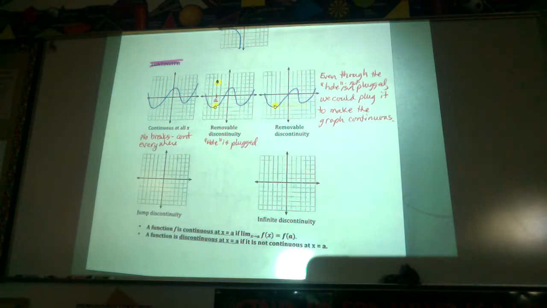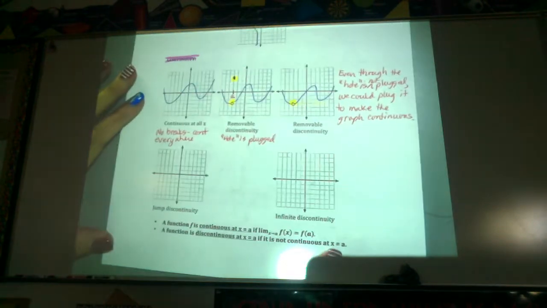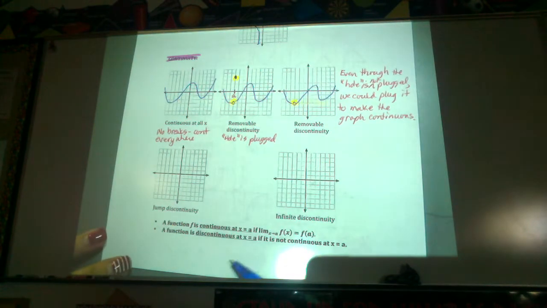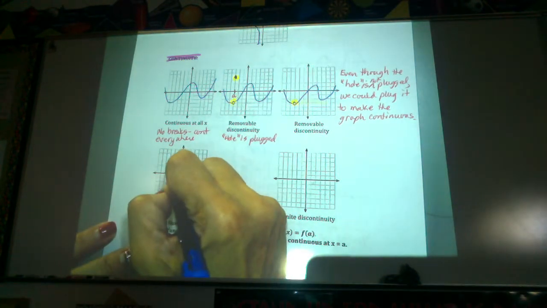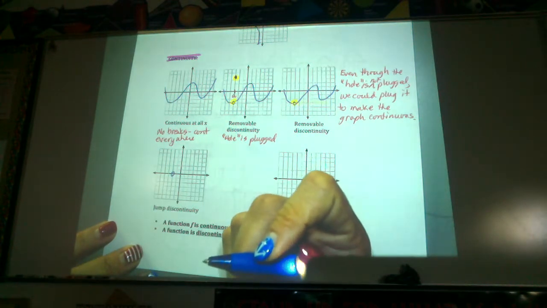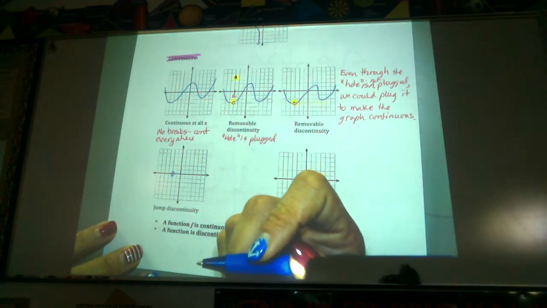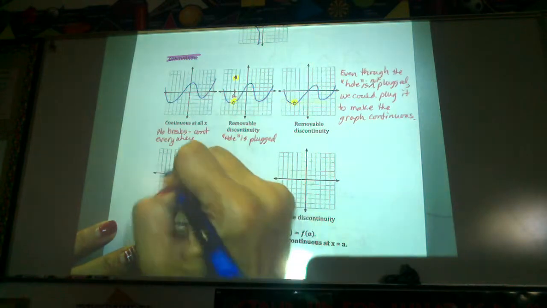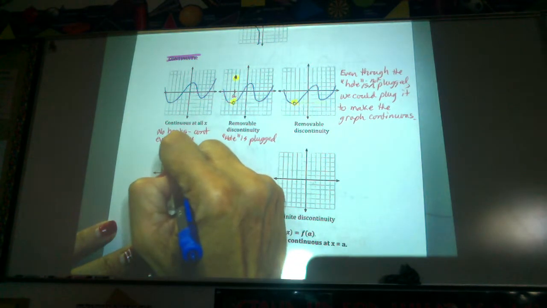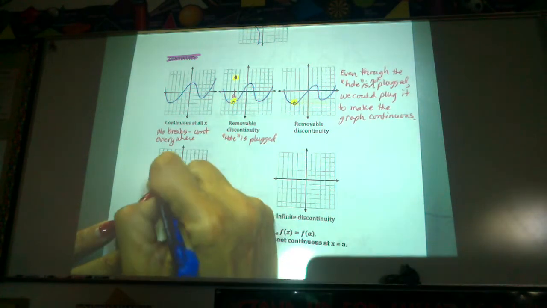Then we have this thing called a jump discontinuity. So put a hole at -2, 0. Put a solid point at -2, +3. And then the graph looks like this.